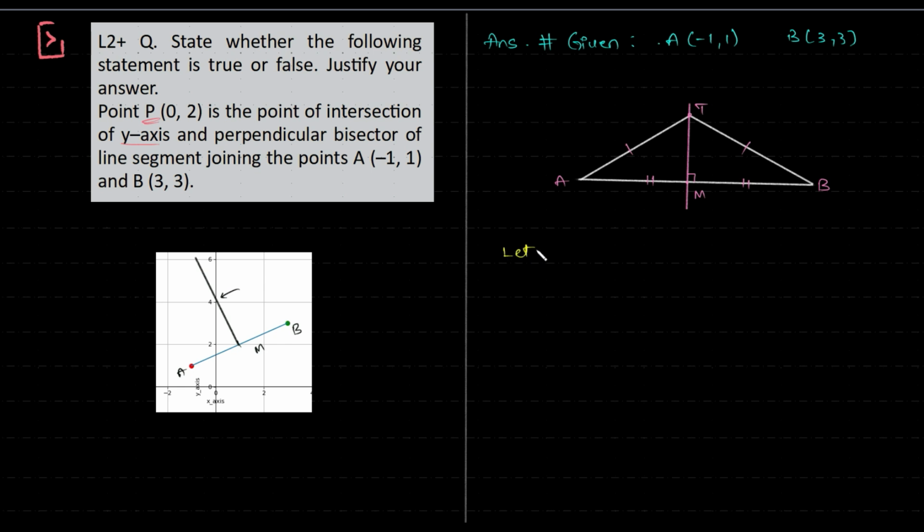So let me write a statement describing the diagram. Let's consider T to be the point of intersection of the perpendicular bisector of AB and the y-axis.